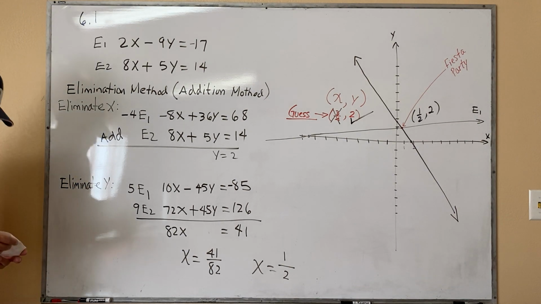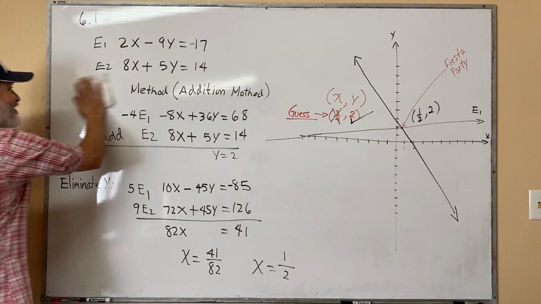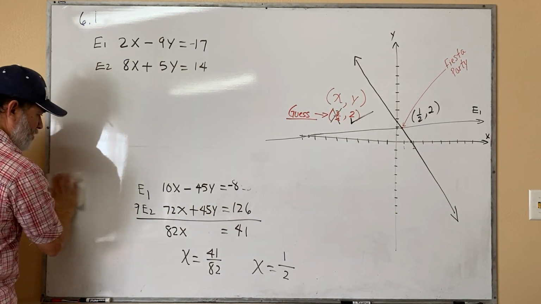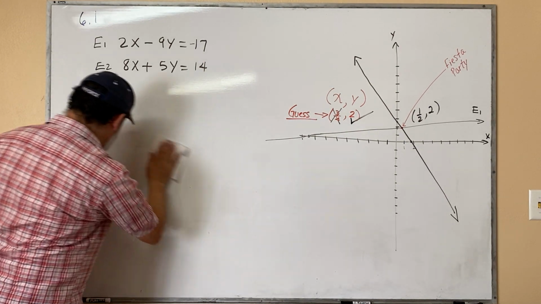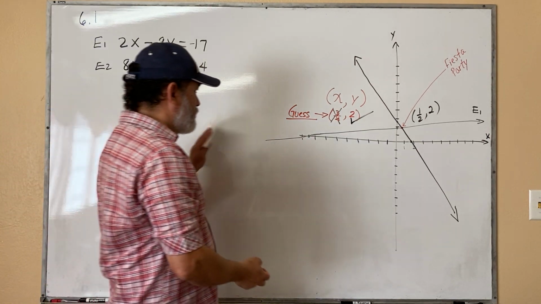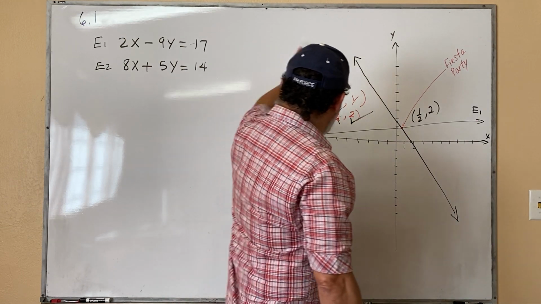Let's do another one, okay? So we have two methods to solve a system. Okay? Let me erase this.